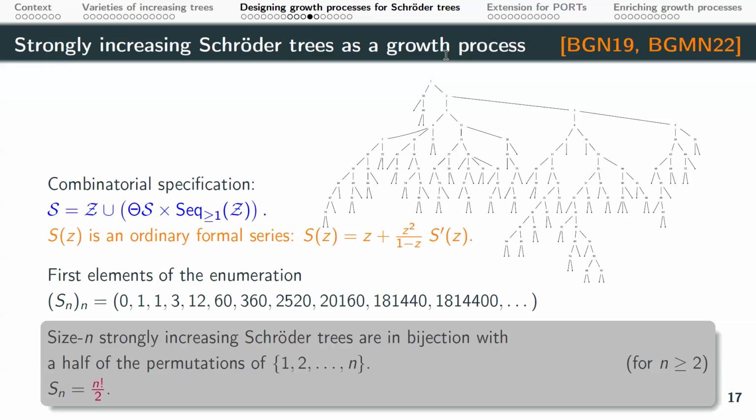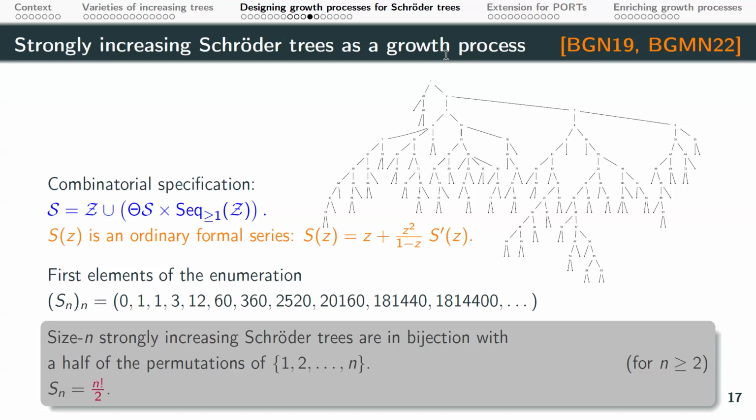But it's not necessary, because if we are counting the first elements, in fact, we see this sequence, and this sequence looks like half the number of permutations. And in fact, we are able to put these trees in bijection with half of the permutations, the permutations where the one appears before the two.